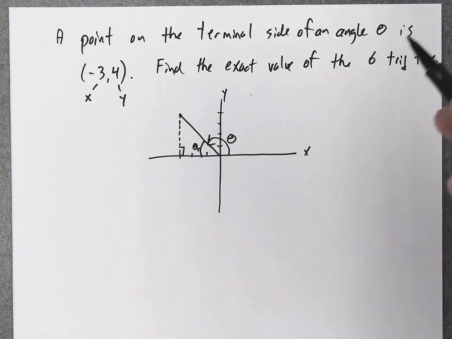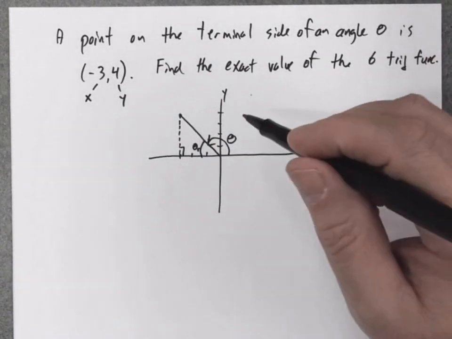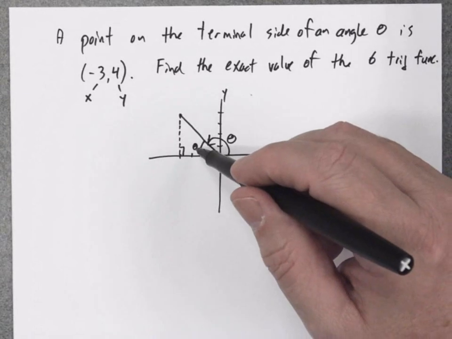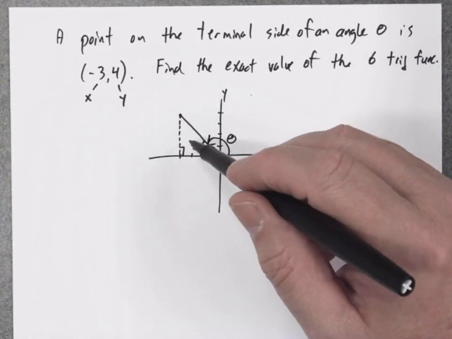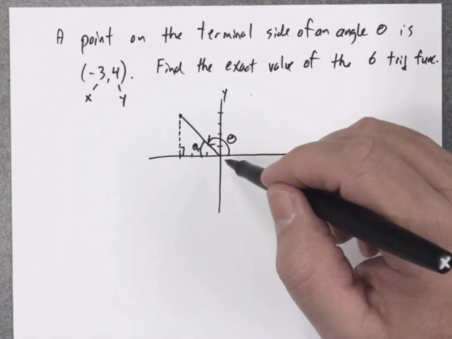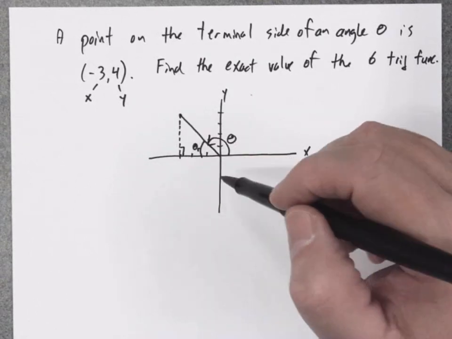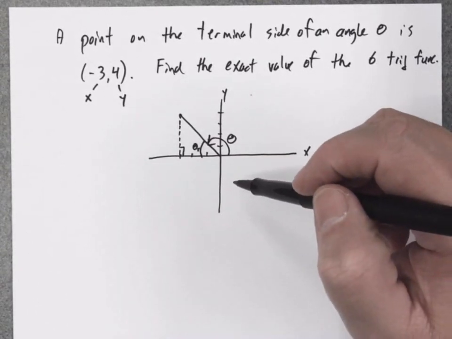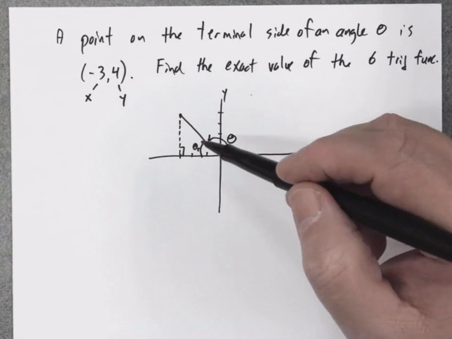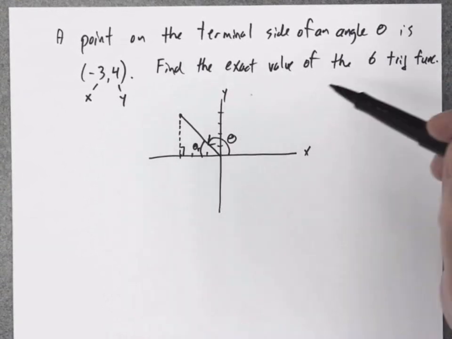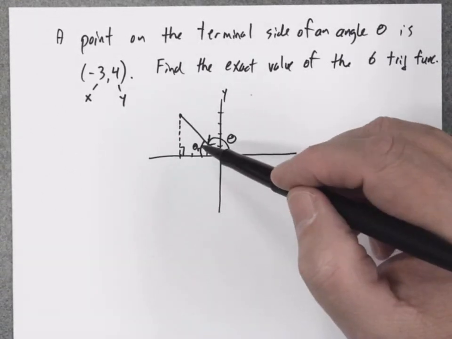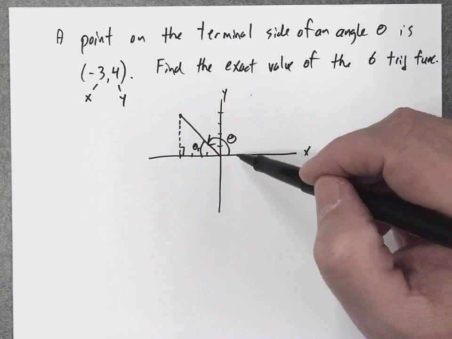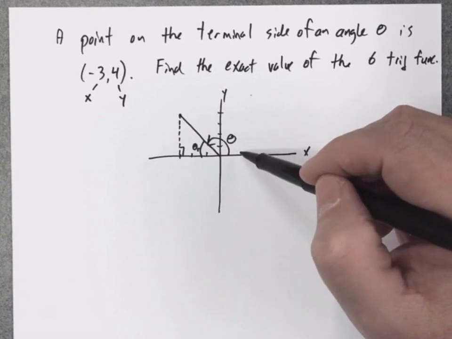I'll just denote this as the reference angle. But I am now going to go find the trig functions of this angle here because I have a right triangle. So I'm going to be able to use my right triangle trig functions to find the 6 trig functions. And that's actually going to be the answer to the trig functions of this.